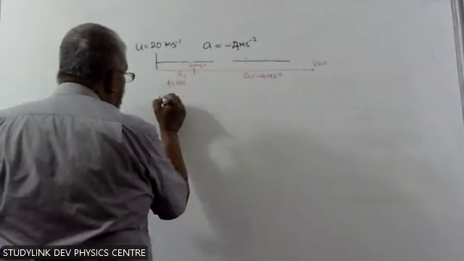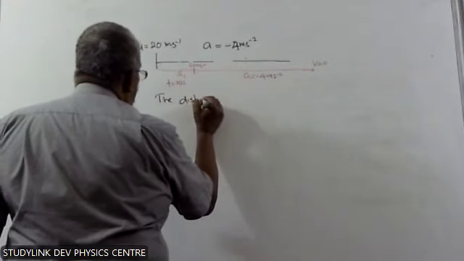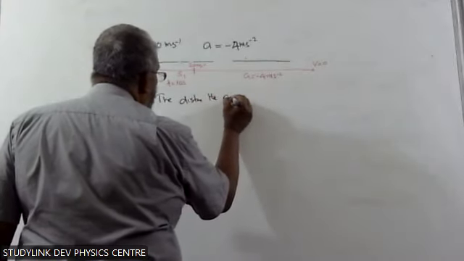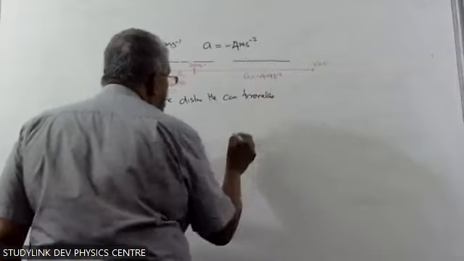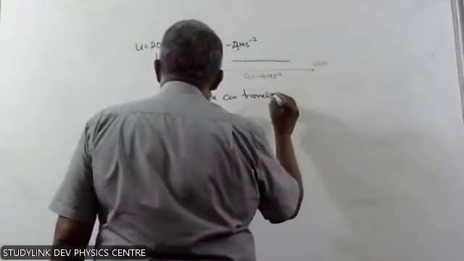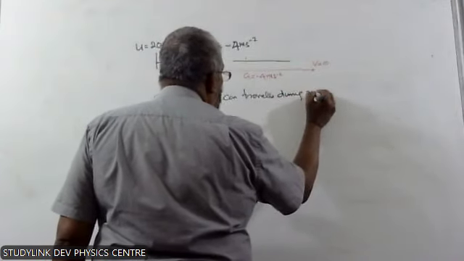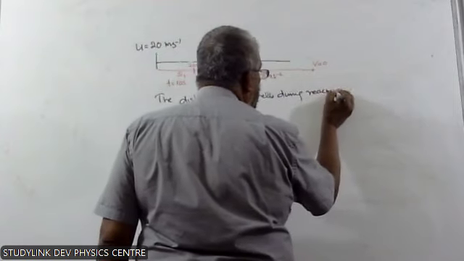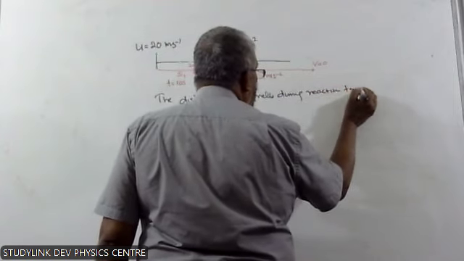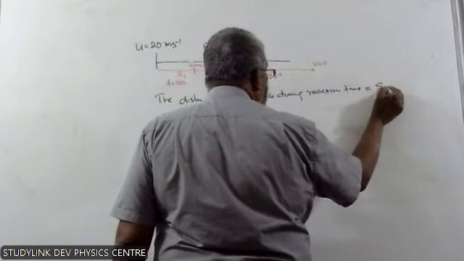Then the distance the car travels during reaction time, normally that is S1.